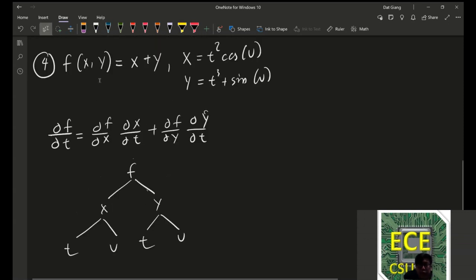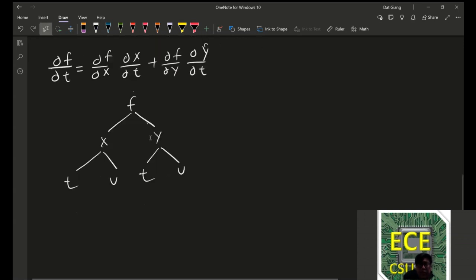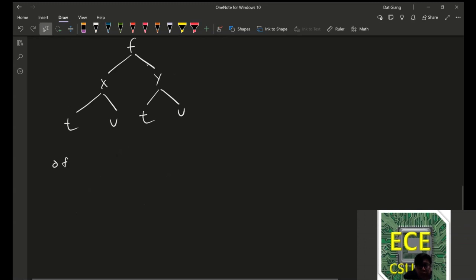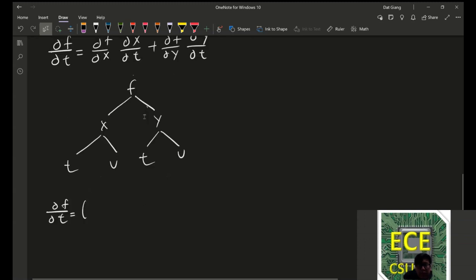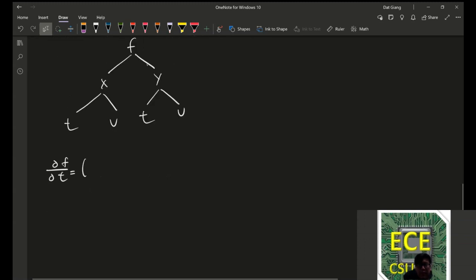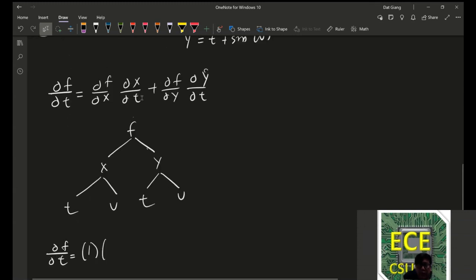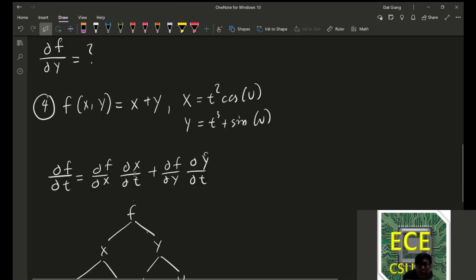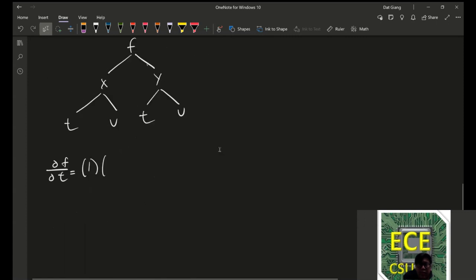The partial derivative of f with respect to t is going to be the partial derivative of f with respect to x, which is going to be 1 in this situation, multiplied by the partial derivative of x with respect to t, or 2t cosine of u.